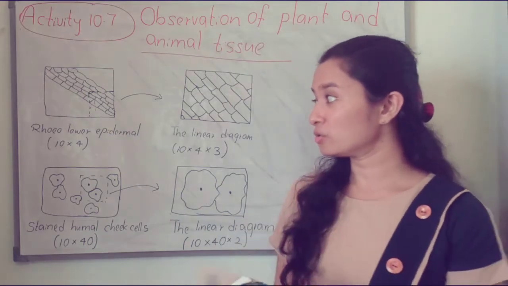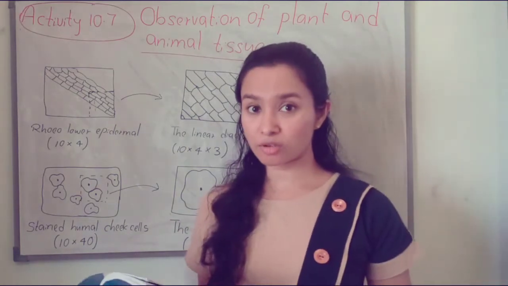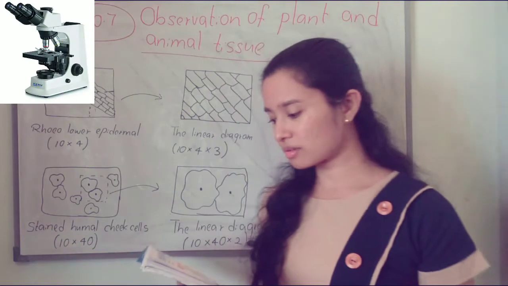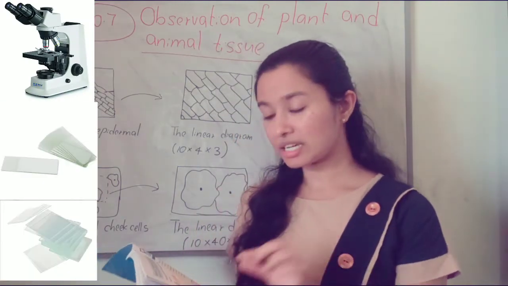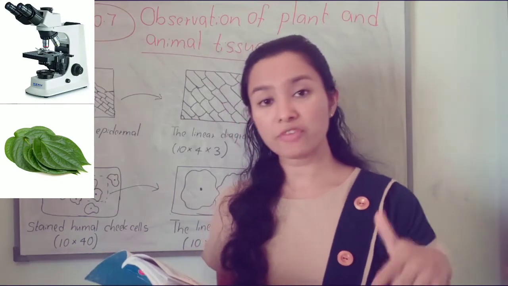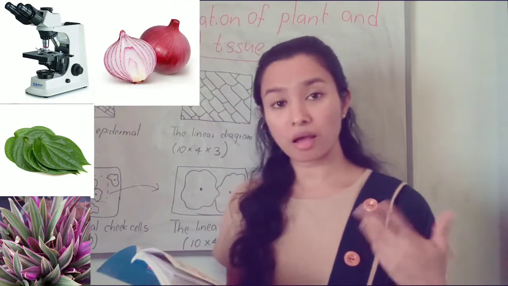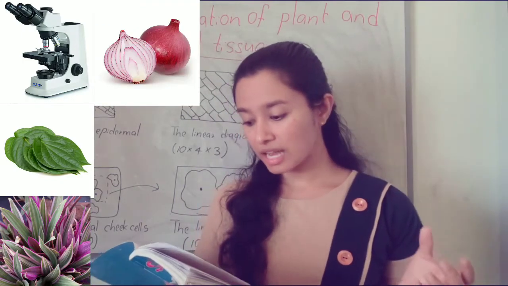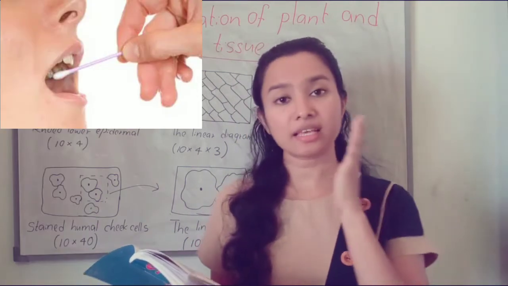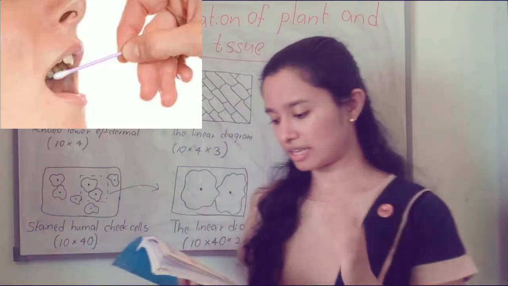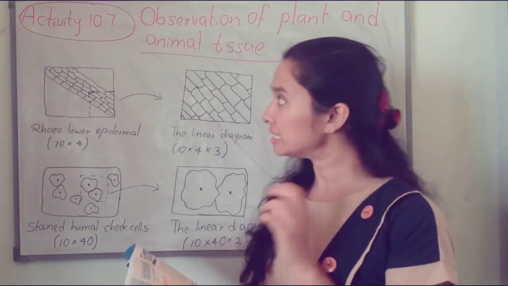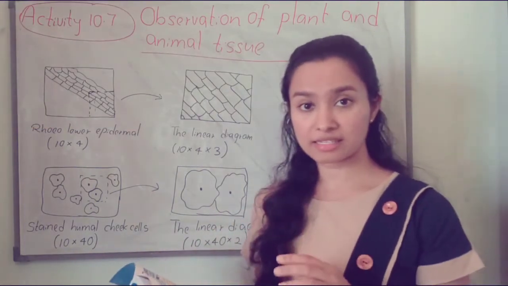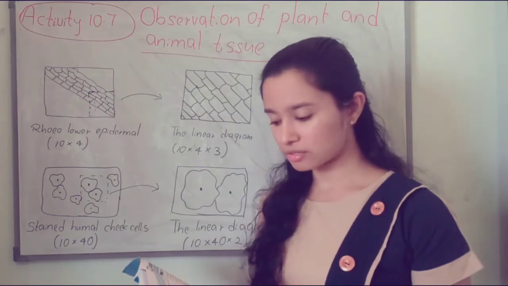We need a light microscope, slides, cover slips, a leaf of beetle, a leaf of royal, a bulb of onion, and a slide made of cheek cells. You know cheek cells. Then we have to observe these tissues and cells by using the light microscope.